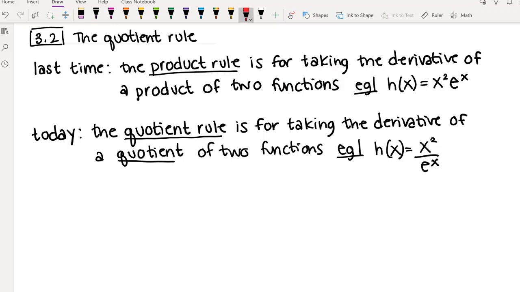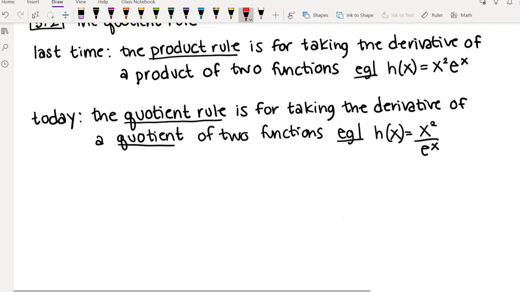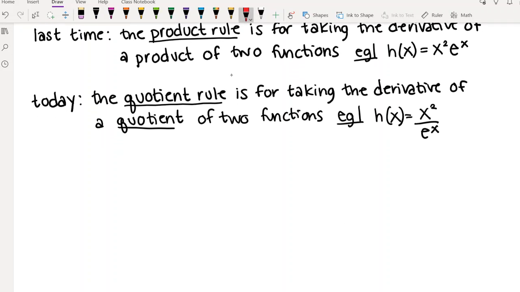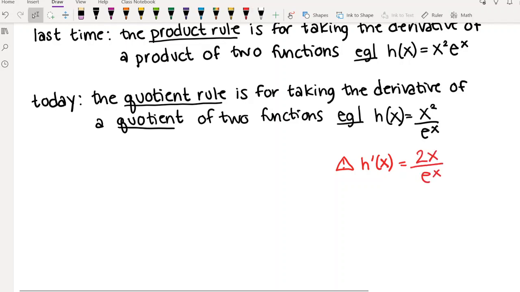Just like what we did last time, I want to start by telling you how the quotient rule does not work, because even more than the product rule, I find that people really like to do this wrong. It is never, ever, ever true that you can take the derivative of the numerator and divide it by the derivative of the denominator. It just doesn't work.